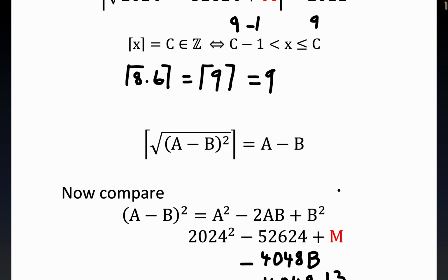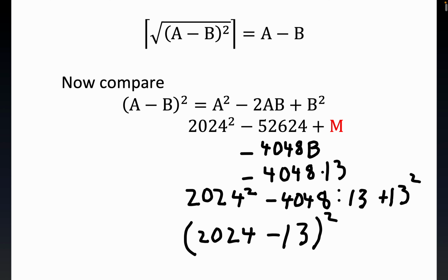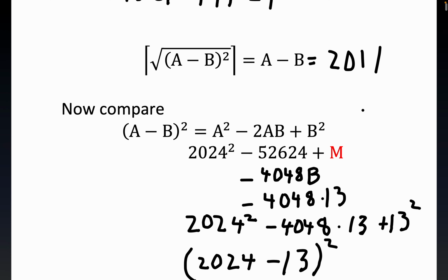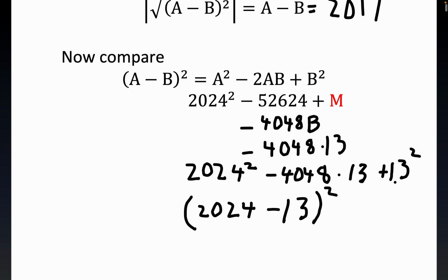So as far as the way we're setting this up right here, this would just be equal to 2011. And so the answer to the question, of course, is going to be that m is equal to 13 squared.